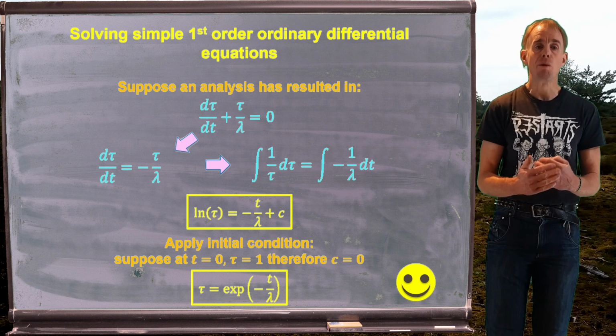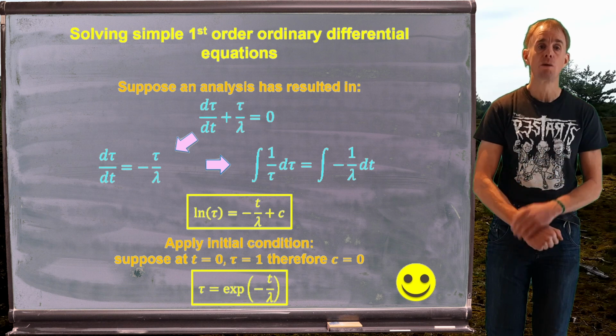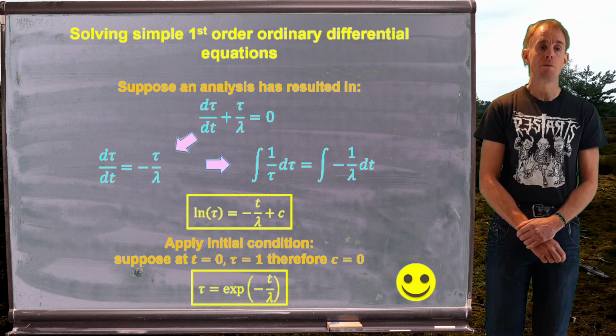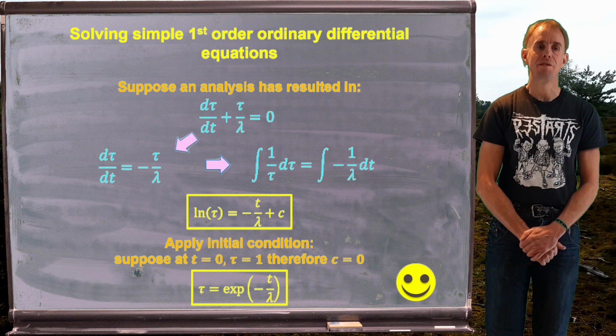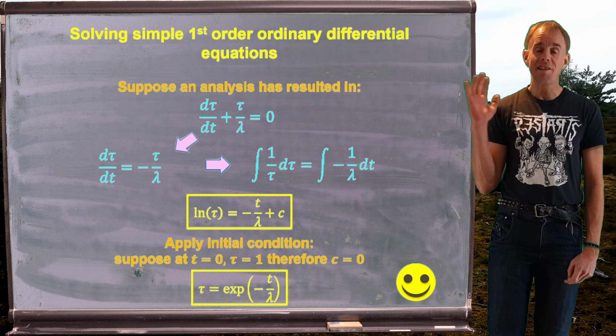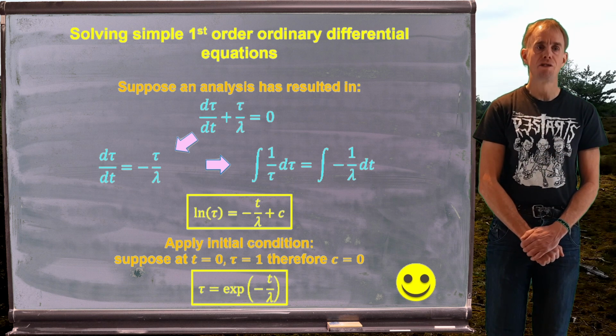And so, if we want to find stress now as a function of time, we can simply take exponentials of both sides and find that stress is going to be the exponential of minus t over lambda. So, direct integration in this case has been a really straightforward way to solve this differential equation.